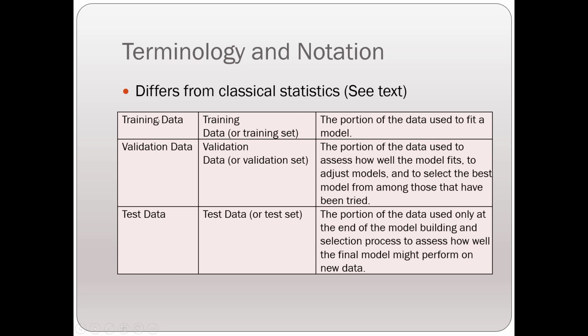So for training data, maybe you take a huge database of say 10 million records. Maybe 50% of it you want to use for training, and then 30% for validation and 20% for test data, or maybe 60% training and 40% validation. That's fine too.